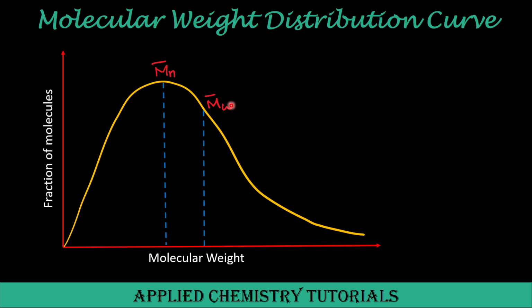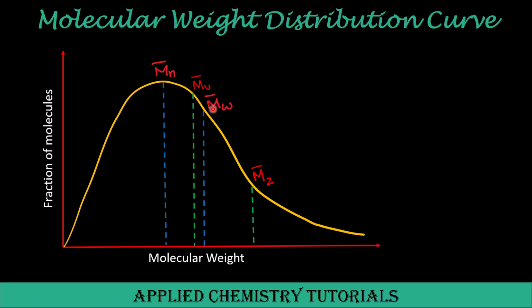Now Mw bar is of course higher than the Mn bar since it has an Mi term extra in its expression. So this is on the higher side of the molecular weight. For Mz bar this is further higher because this has another Mi term in its expression. So it has Mi cube in its expression.